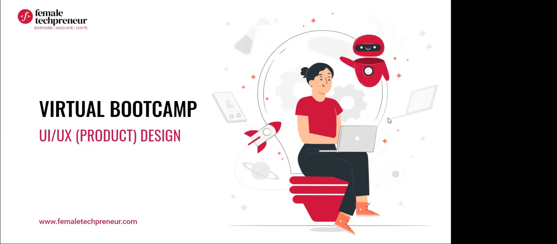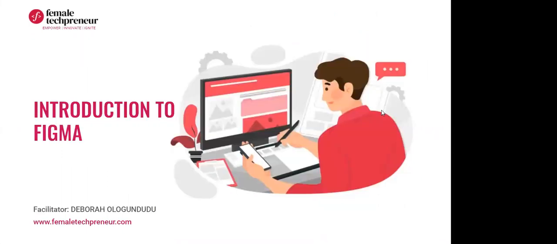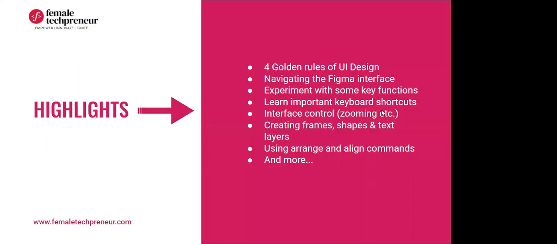All right, so this week, we're going to be diving more into the practical aspect of UI design, and we're going to try to make use of some of those things that we've learned so far. So basically, I'm going to introduce us to a tool called Figma, which I briefly talked about on our Telegram group yesterday. Figma is a collaborative UI design tool that is essential for UI designs.